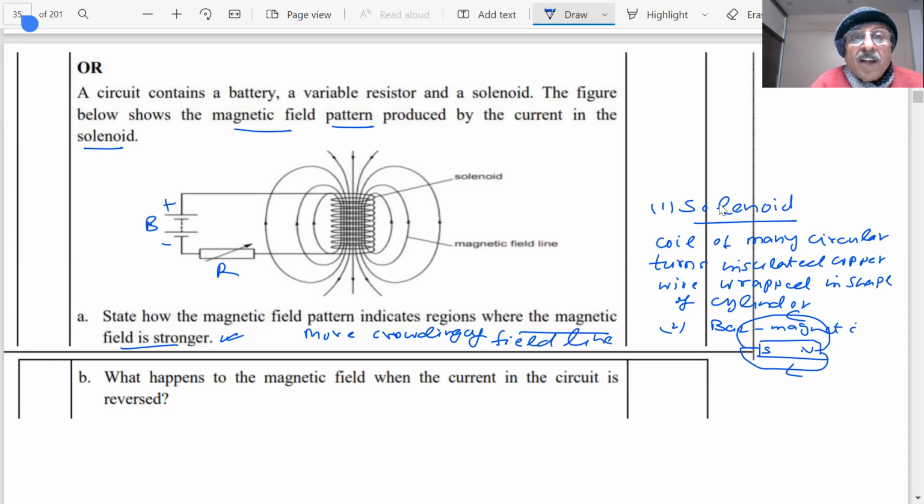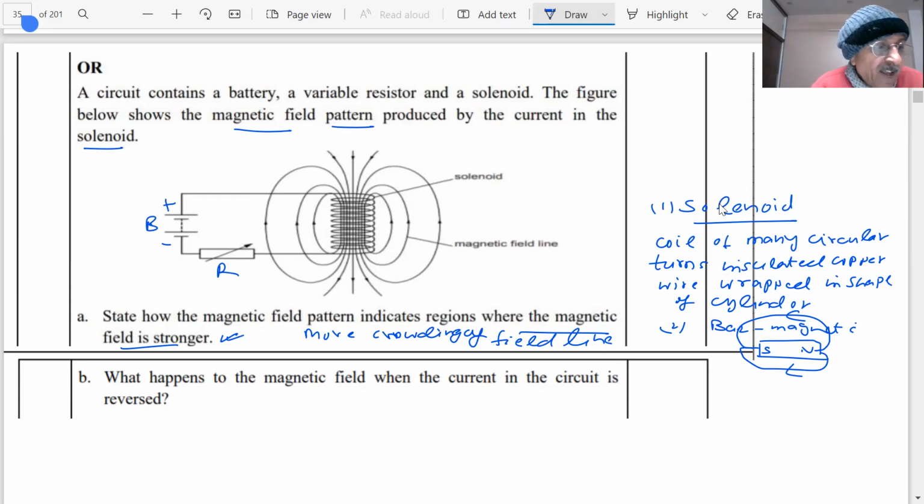You will see that some lines are farther away from each other, but as they come closer, the field lines are more crowded. There will be a stronger magnetic field.